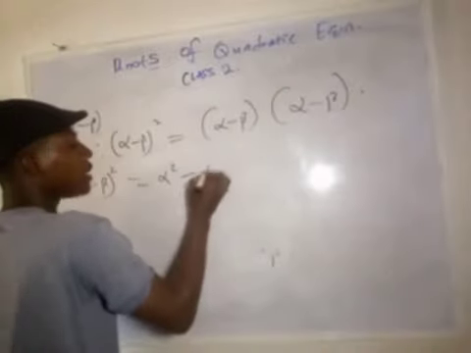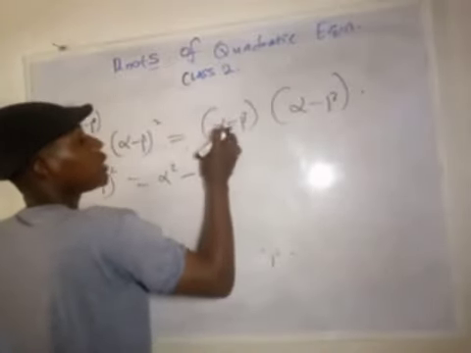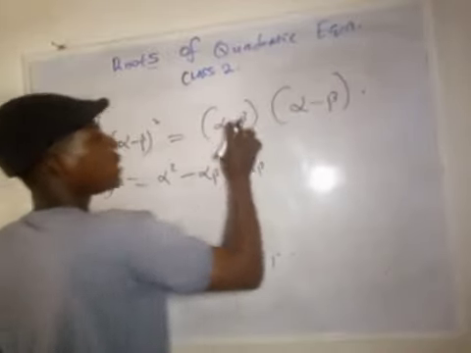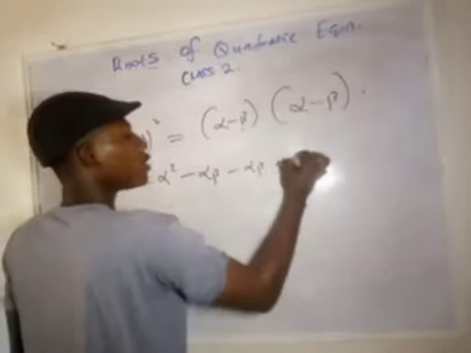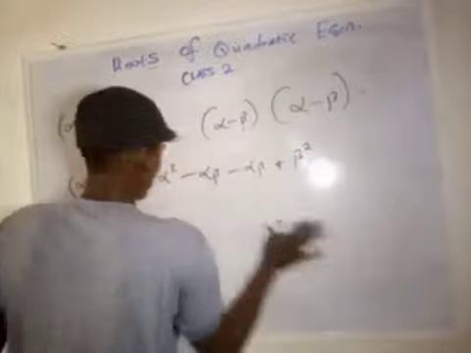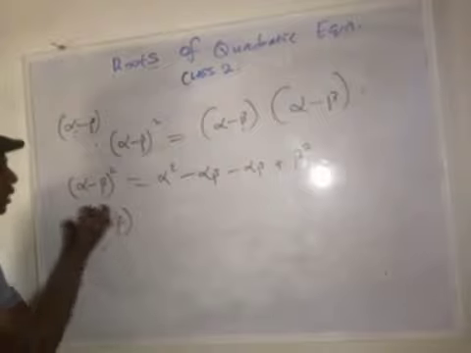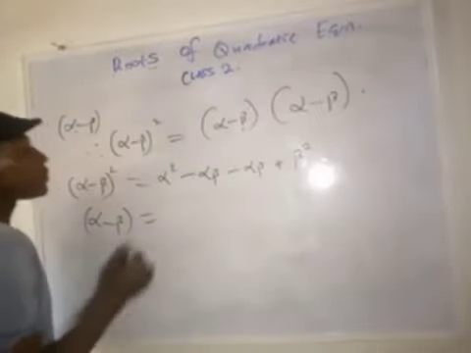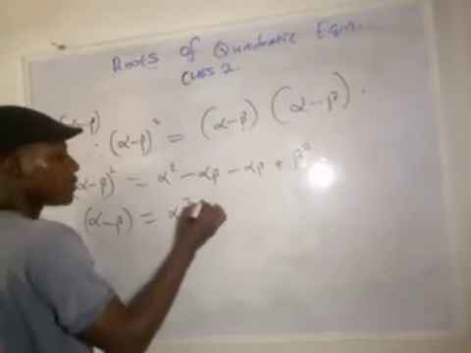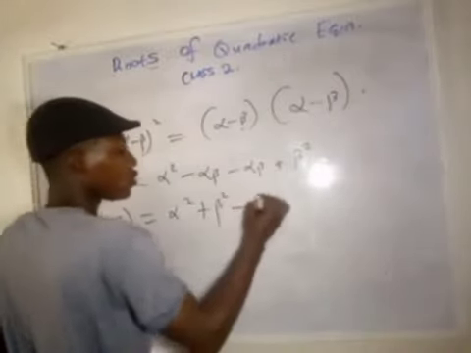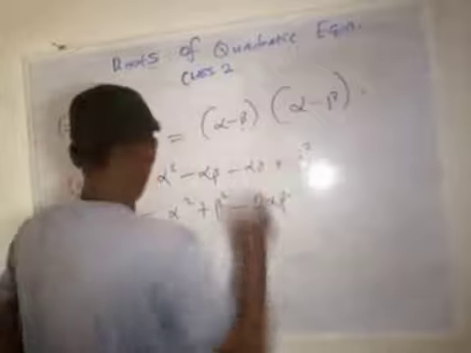Alpha times minus beta is minus alpha beta. Minus beta times alpha is minus alpha beta. Minus beta times minus beta will give us plus beta squared. Are you getting something here? Therefore, alpha minus beta squared will now be equal to alpha squared plus beta squared minus 2 alpha beta.